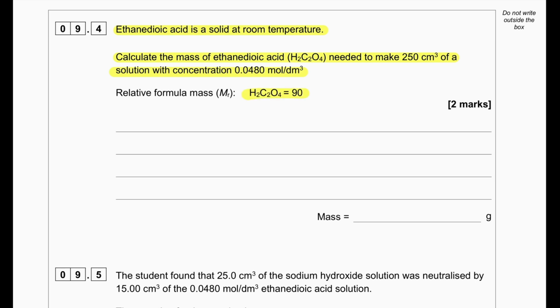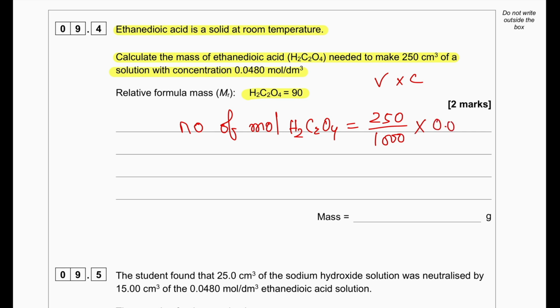To calculate this, we need to know the number of moles needed. So first of all, we're going to find that out. Number of moles of H2C2O4 equals volume times concentration. So 250 divided by 1000 so that we can convert it into dm cube, then multiply by 0.048 mole per dm cube, which gives our answer in moles. So our answer is 0.012 moles.